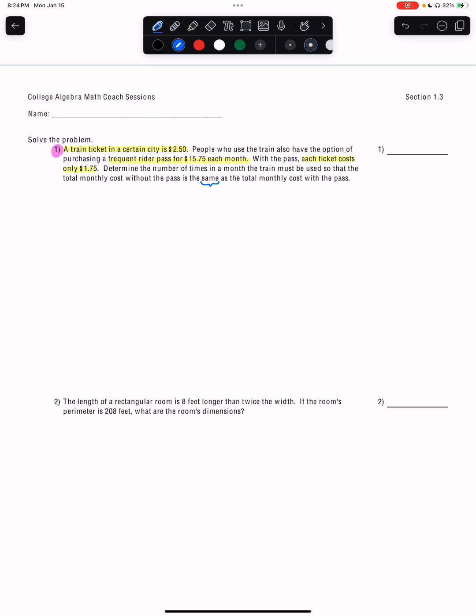Okay, in this case, we're going to make x be the number of train tickets bought in a month. And then over on this right side, this will be the no rider pass. On the other side of the equal sign, we'll have the rider pass.